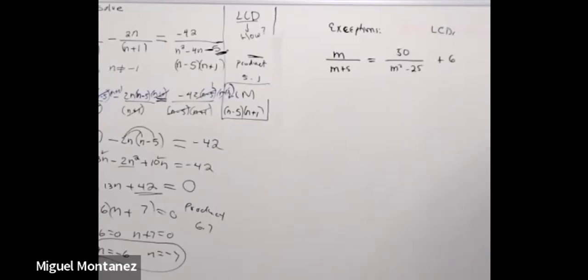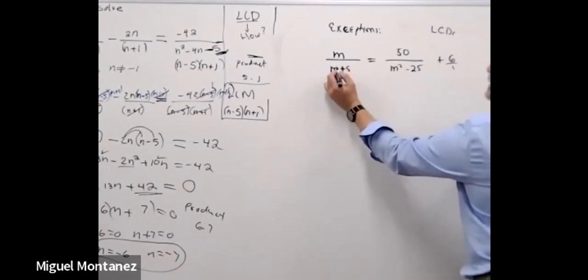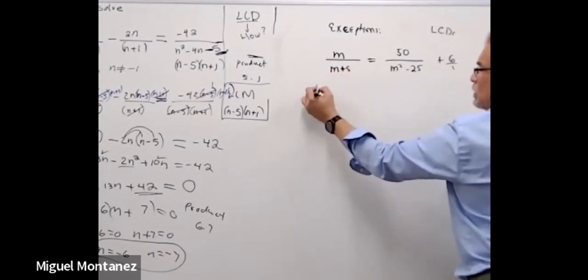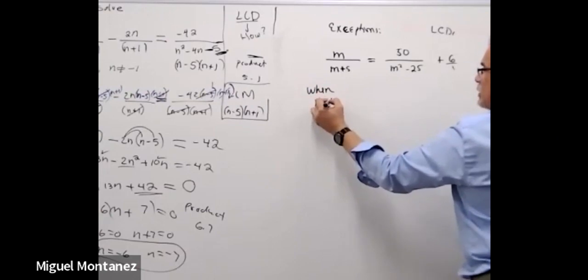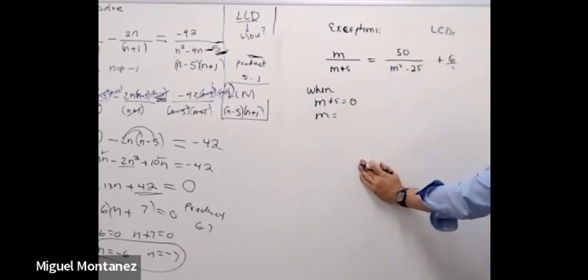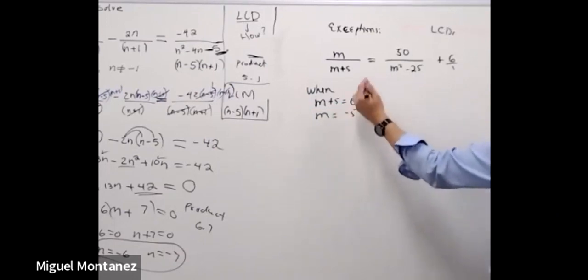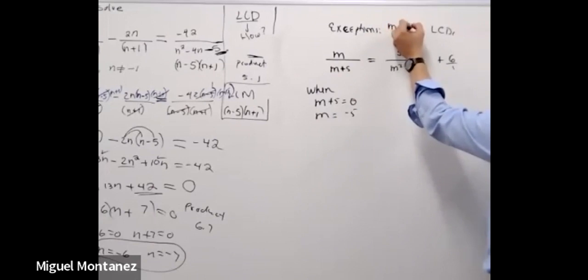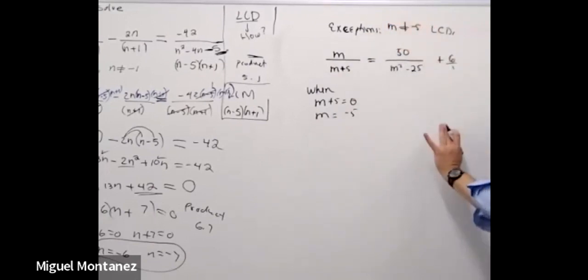What numbers must I avoid? The 6 can be anything, since the denominator there is 6 over 1. My denominator is m plus 5. So when m plus 5 equals 0, m equals negative 5. That means m cannot be negative 5.